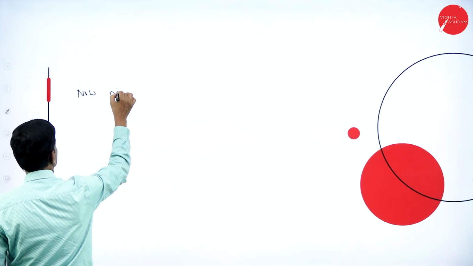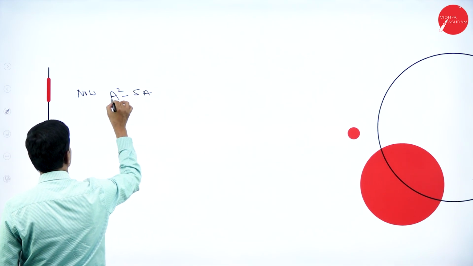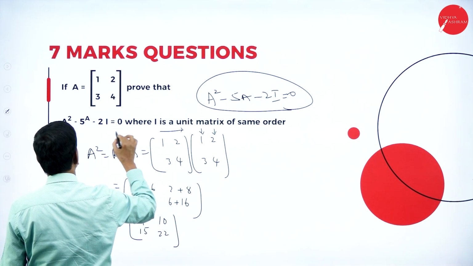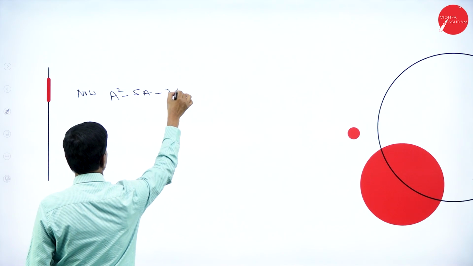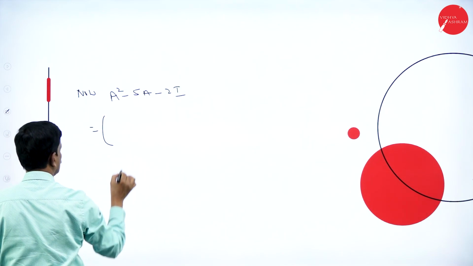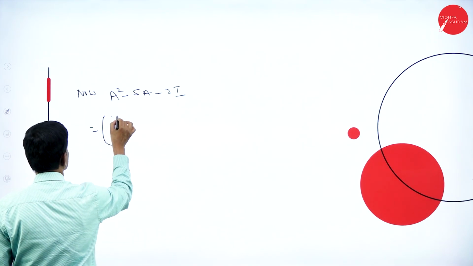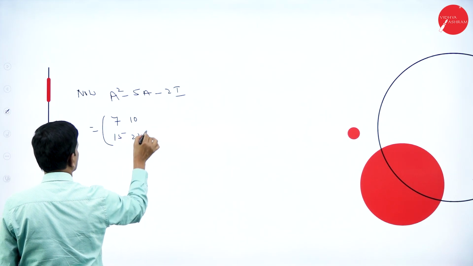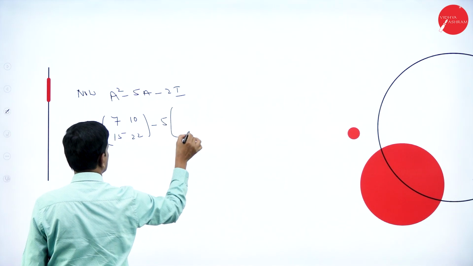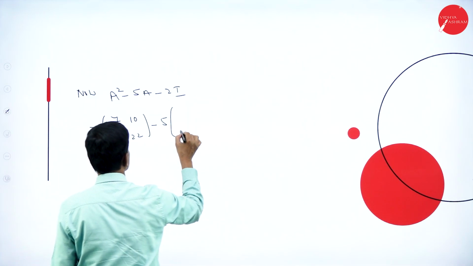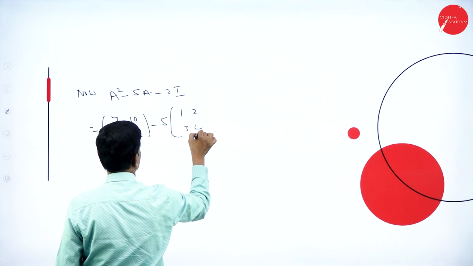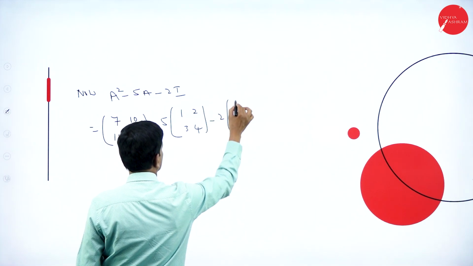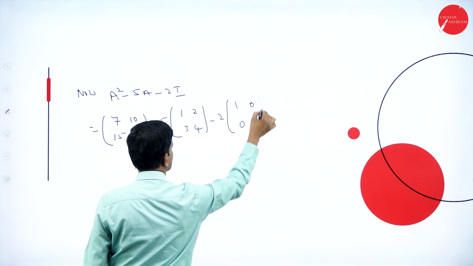Now, just what is to find now? Take LHS. A square minus 5A minus 2 times I. So, this is equal to A square, 7, 10, 15, 22 minus 5 times A, given matrix 1, 2, 3, 4, minus 2 times identity matrix means 1, 0, 0, 1.